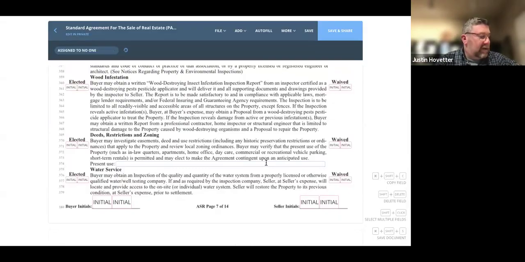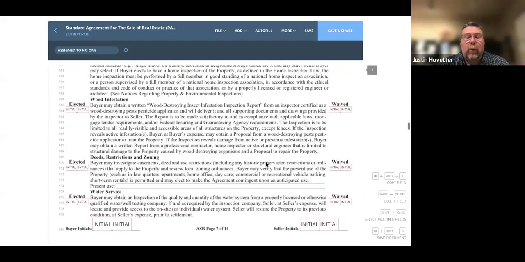Here's a scenario to discuss, and I'll probably wrap up with that for the day before we get into the specifics of these things. I want to talk about this concept of electing or waiving. I called a broker and I said, tell your inspector to come by and get that radon unit. I don't want a report to be issued. He said, what's the big deal? It's not contingent upon the radon.